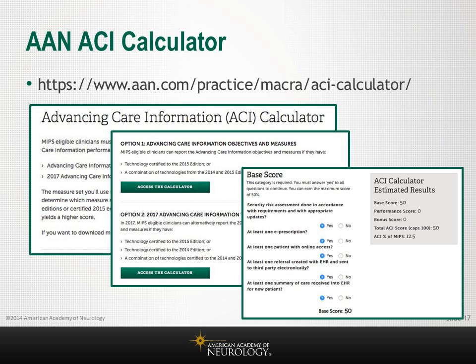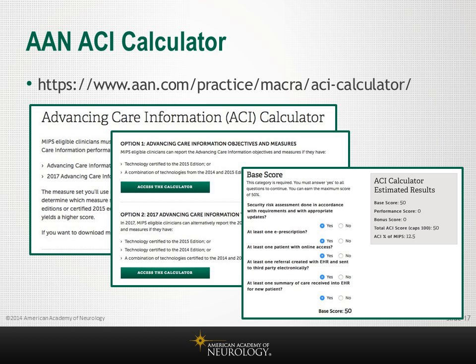So on the AAN website, which is linked here, you can have some basic information presented about this webinar, about how to choose your path. You can see on that second slide there's some information about the two options. And there is a calculation of base score, and there are additional sections for calculating performance score and bonus score.